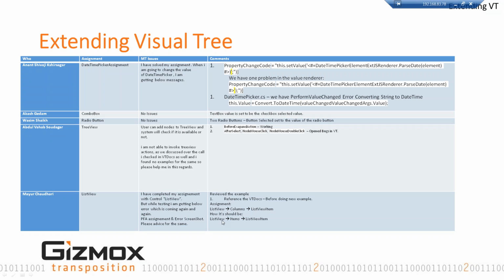The correct way is VT list view, tag of items, and use the VT list view item, not columns. So before creating a new example, you can always go first to the VTDocs and see how exactly to do that. You will need it the first time, the second time, and later you will remember, but for the first time, use the VTDocs as a reference. Okay?